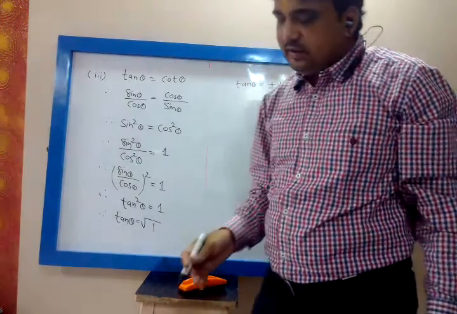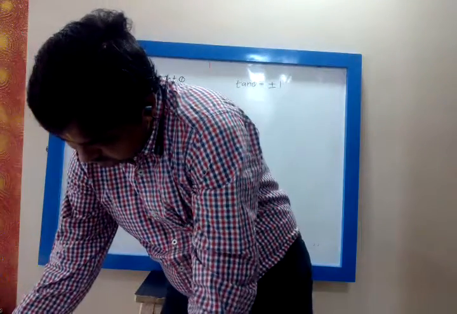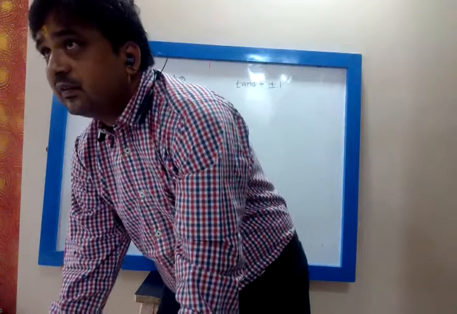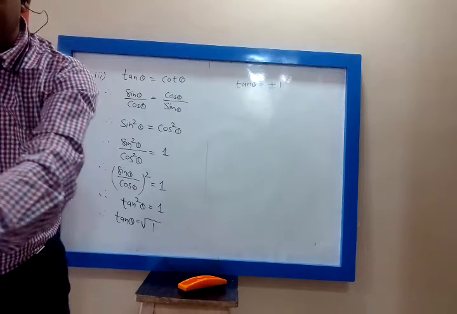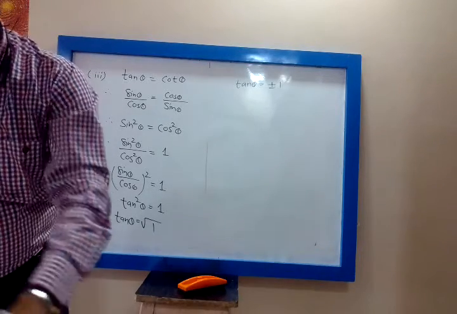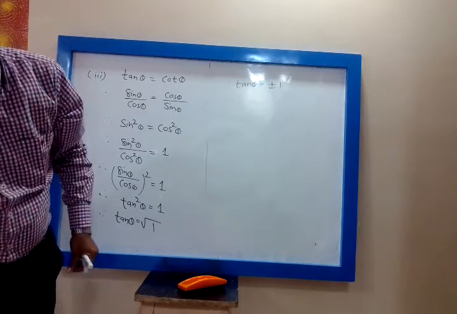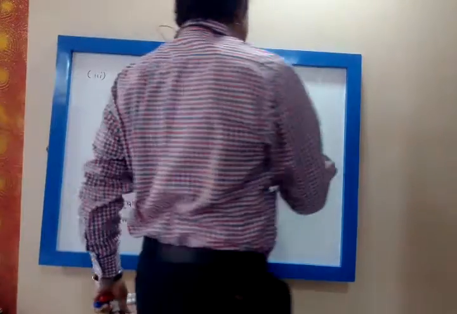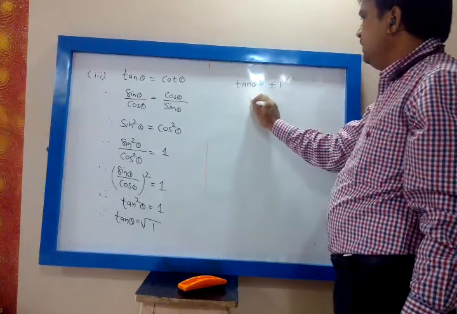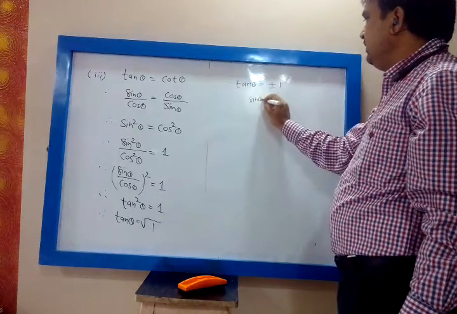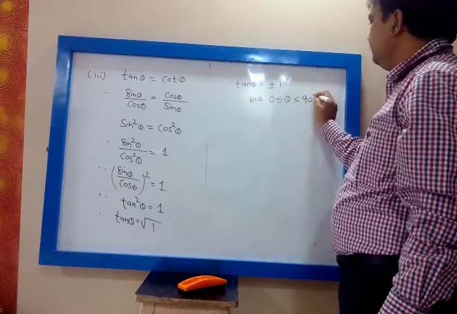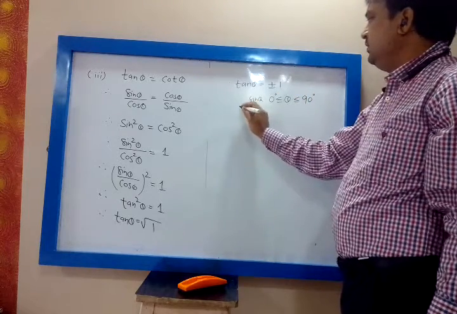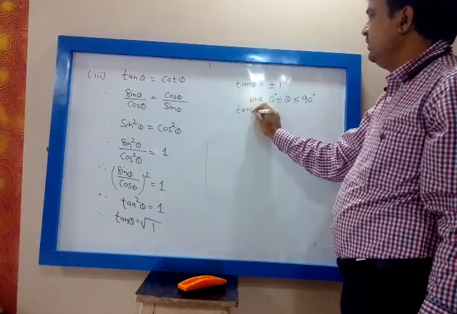But what is the value of theta given? See the range of theta. Theta lies between 0 and 90 degree, no? Since theta lies between 0 degree and 90 degree, tan theta will be positive.